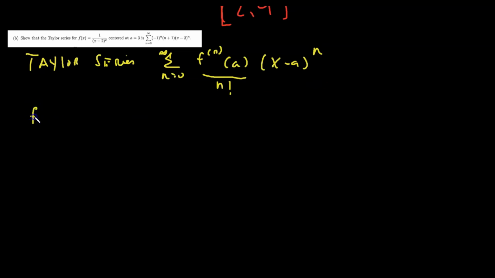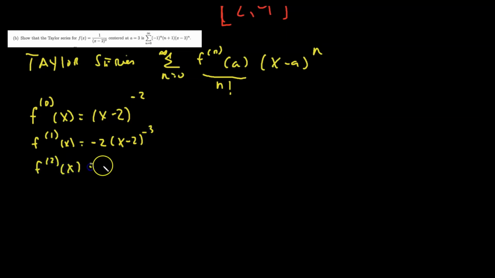So we have to determine a formula for f to the n. Let's see what f of 0 gives and see if we can find a pattern. f of 0 is just the function itself, so we bring the (x minus 2) squared to the numerator, so we get (x minus 2) to the negative 2. The first derivative is negative 2 times (x minus 2) to the negative 3, the second derivative is 2 times 3 times (x minus 2) to the negative 4.